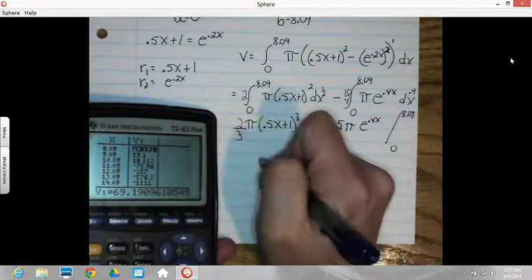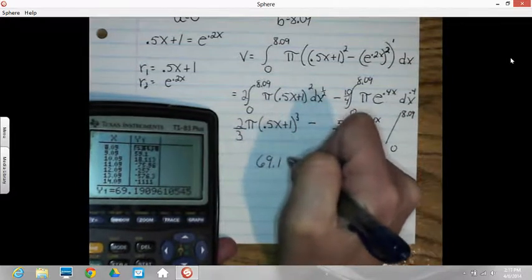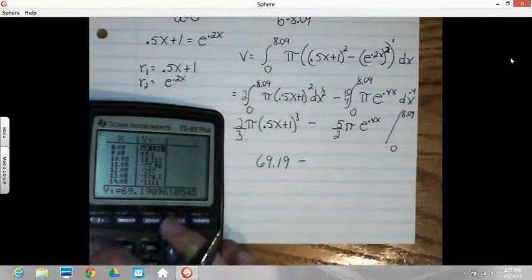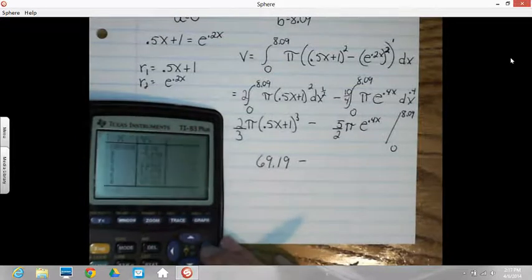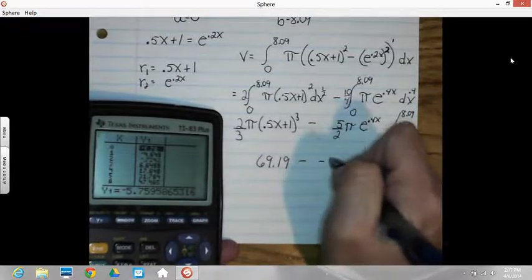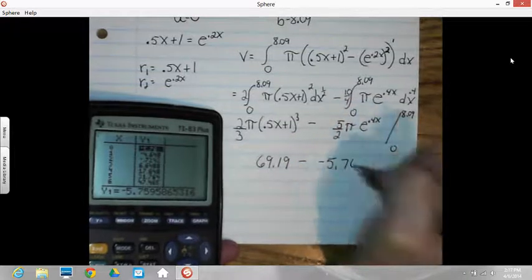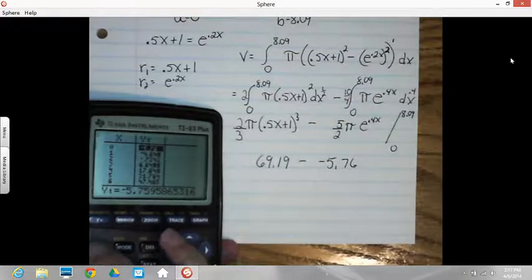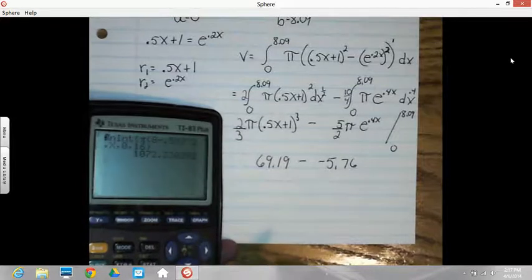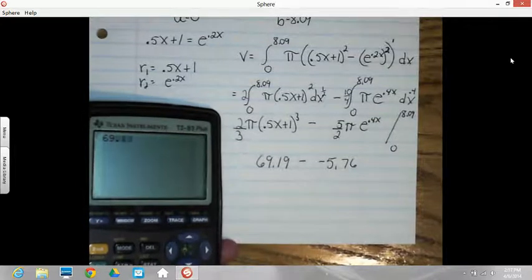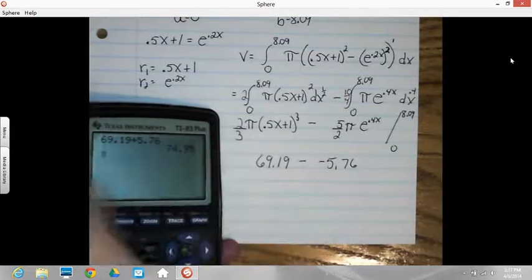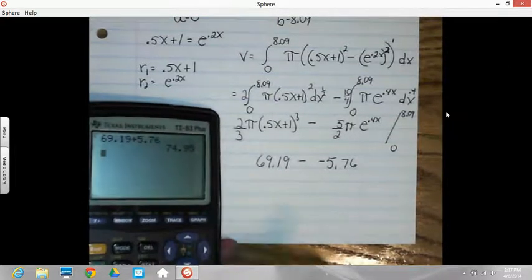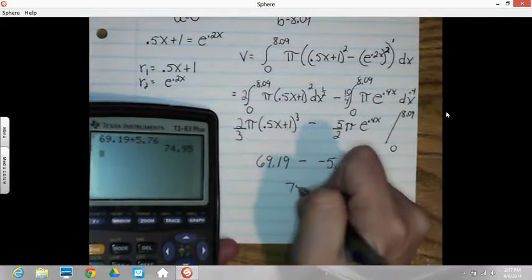That's 69.19 minus, now the 0, is a negative 5.76. Doing the subtracting, 69.19 plus 5.76 is 74.95.